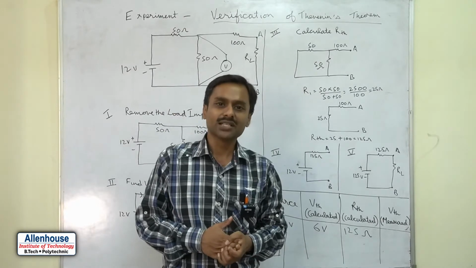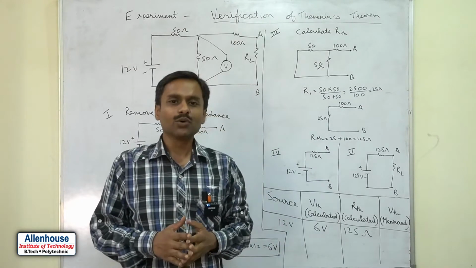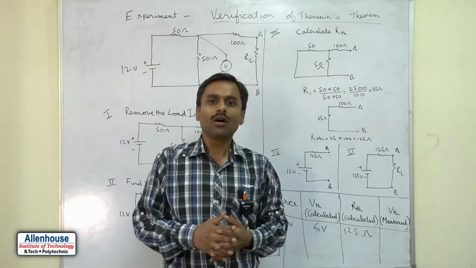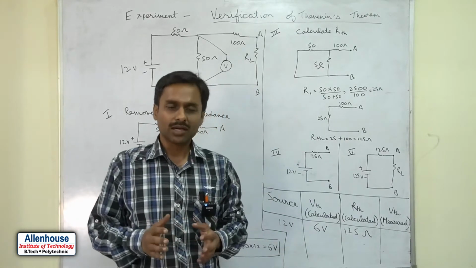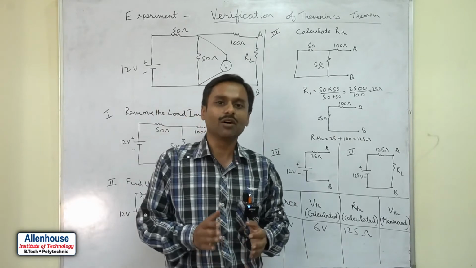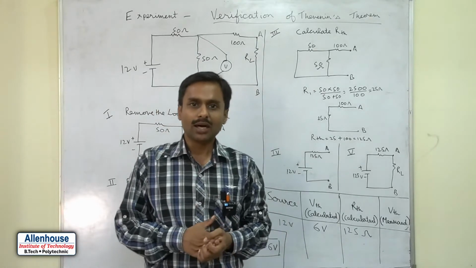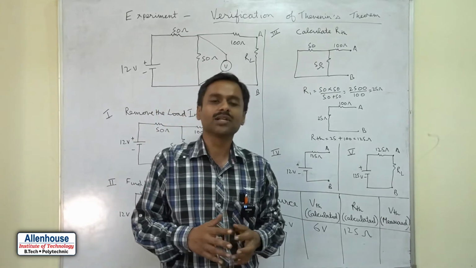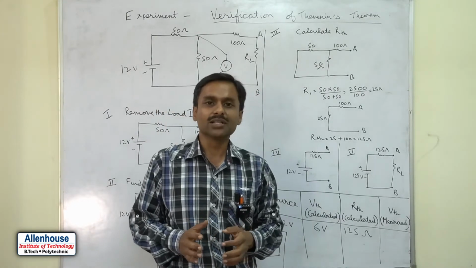Rth is the equivalent resistance. Equivalent resistance is calculated by open circuiting all the current sources and short circuiting all the voltage sources, and then we calculate the equivalent resistance looking from the load terminals.